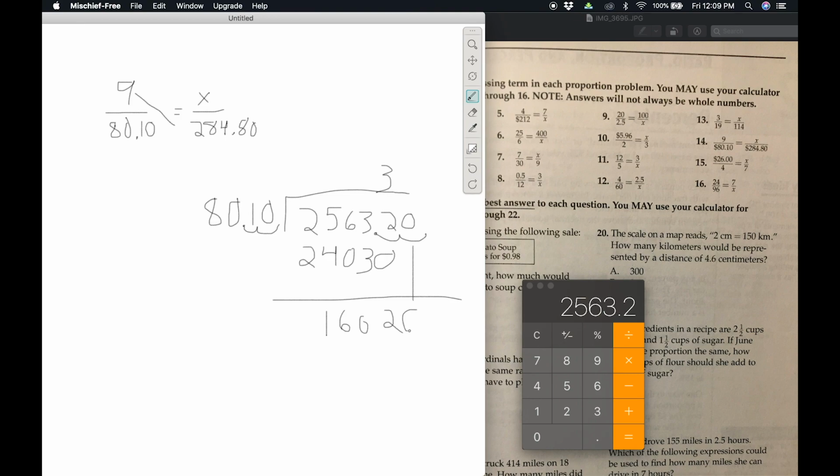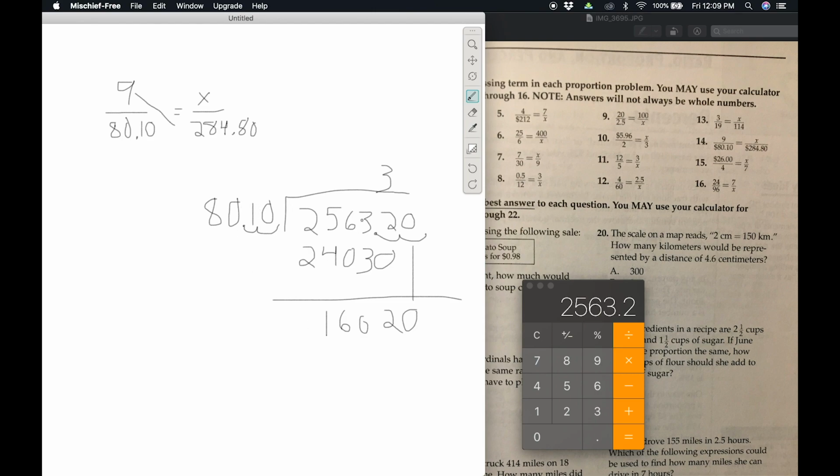Now, does 8,010 go into 16,020? It goes in exactly 2 times, because 2 times 8 is 16, which is 16,000 in this case, plus 2 times 10 is 20, so 16,020.